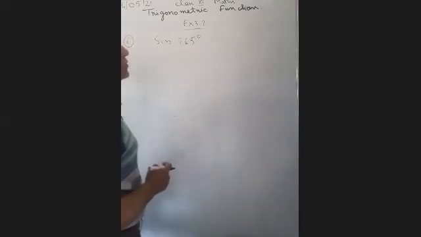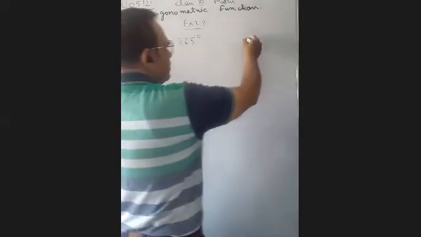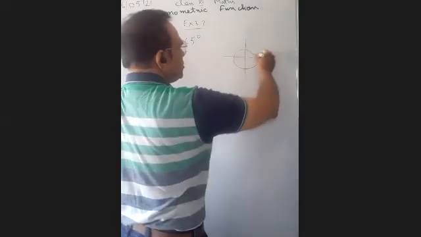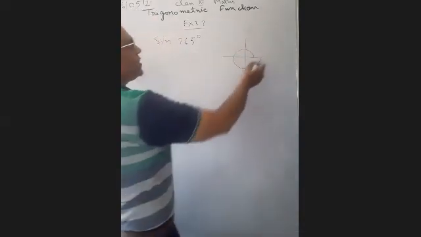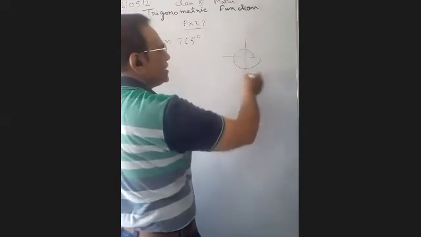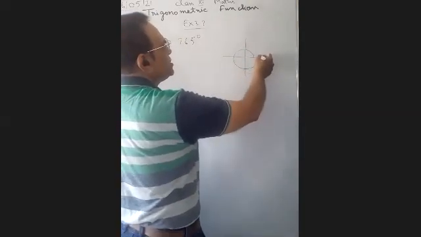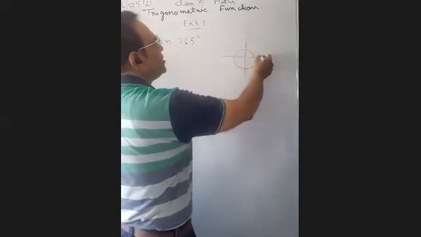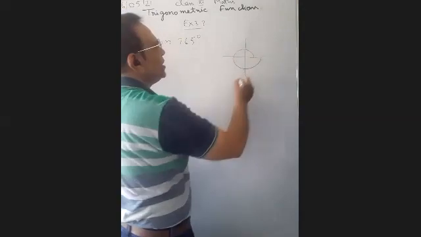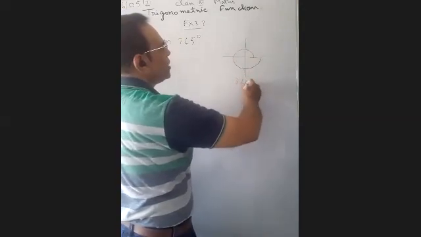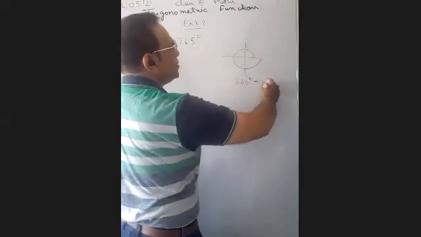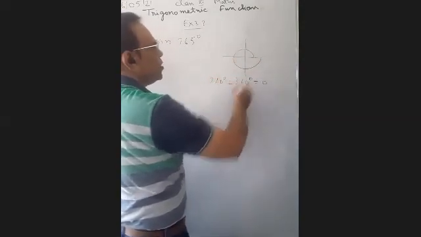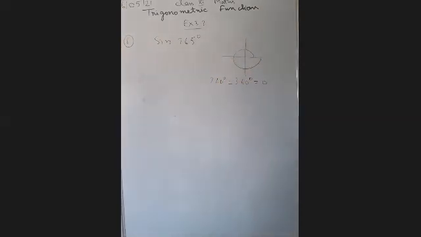765 is a very big value, but I have explained the values from 0 to 360 degree. We know that after reaching this point, all trigonometric ratios after 360 take the position from 0 again. 360 degree or 0 degree, both are equal. 720 degree and 0 degree and 360 degree are all equal.